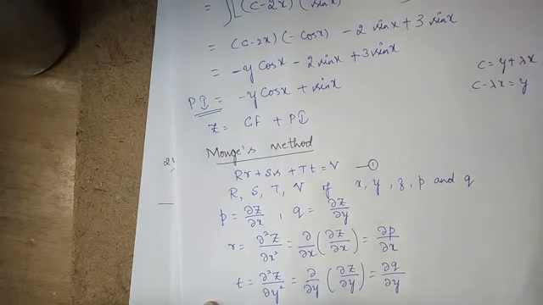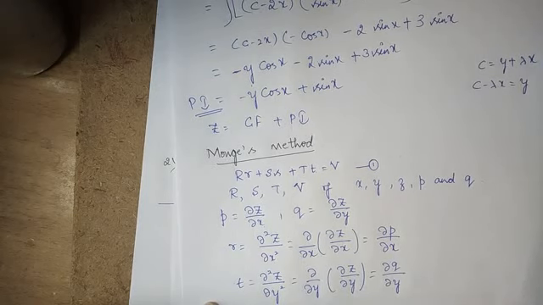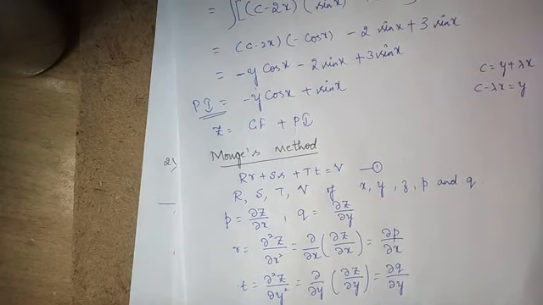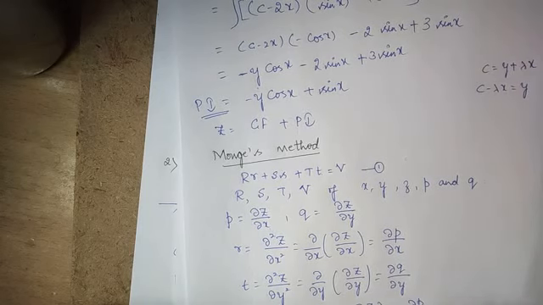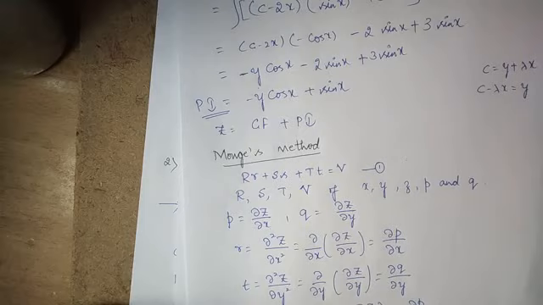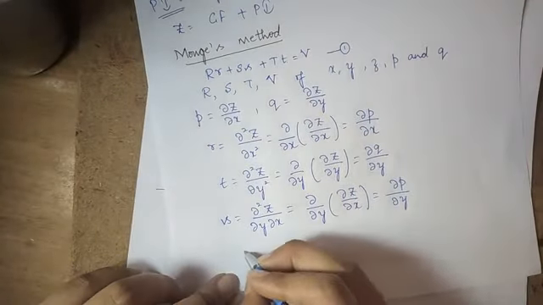So for s, I can write s is dou square z by dou y dou x, or dou x dou y. So what will you write? Dou by dou y into dou z by dou x. This is nothing but dou p by dou y. If you interchange dou y and dou x, what will you get?